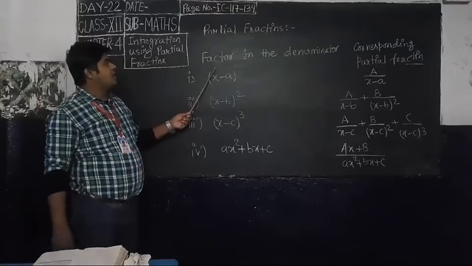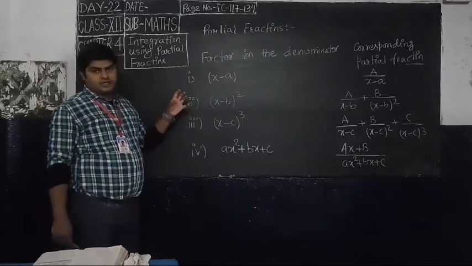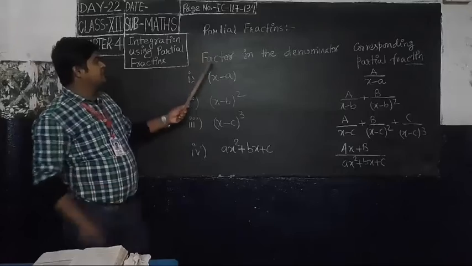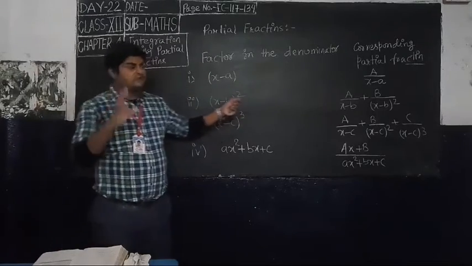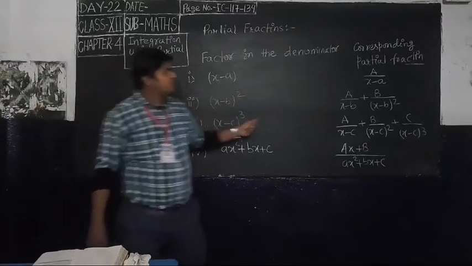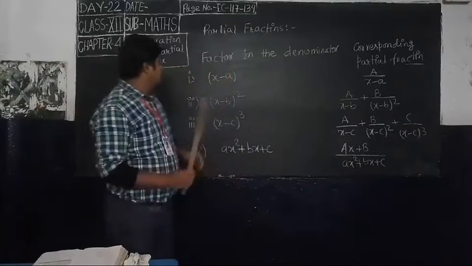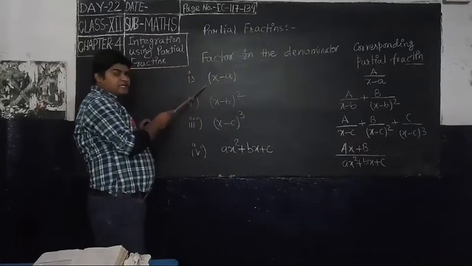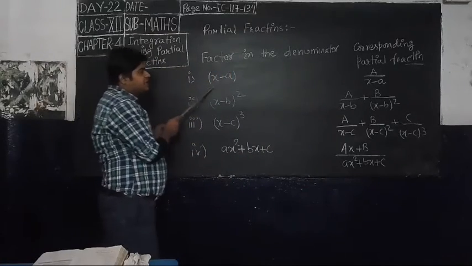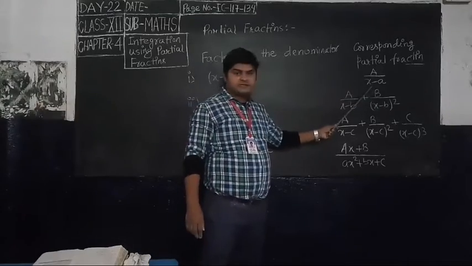Friends, see how to decompose a partial fraction. First of all, select the factor in the denominator and the corresponding partial fraction. When the denominator is of the form x minus a, that means linear, then you write a by x minus a.